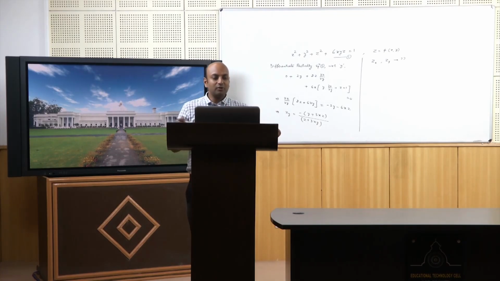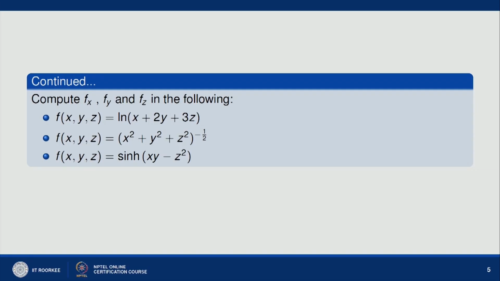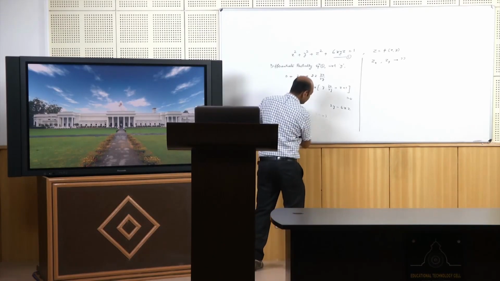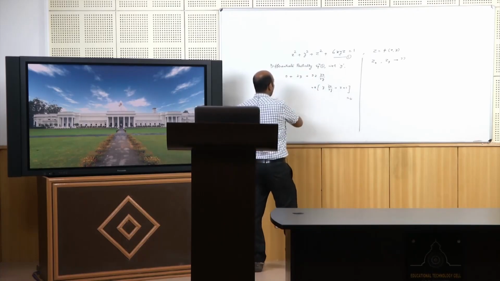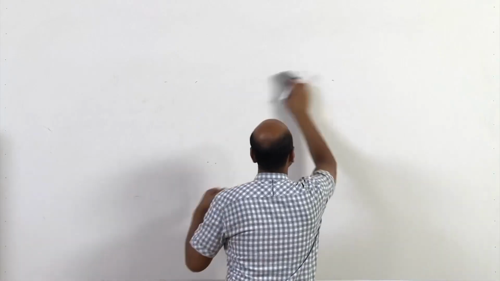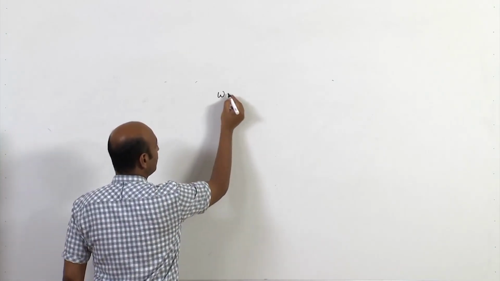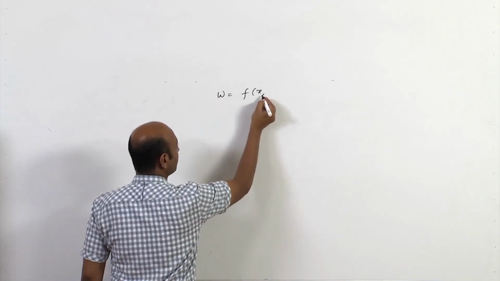Now, we will solve some more problems where f is a function of 3 variables, okay. The same definition will be applicable for 3 variables also. If we have a function of 3 variables, suppose you are having w equals f of x, y, z.